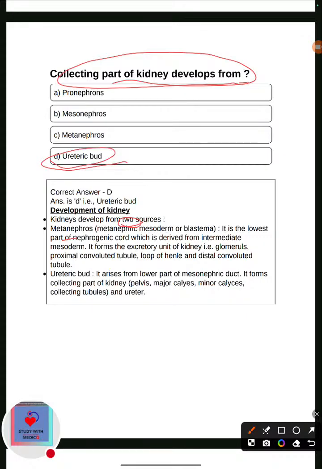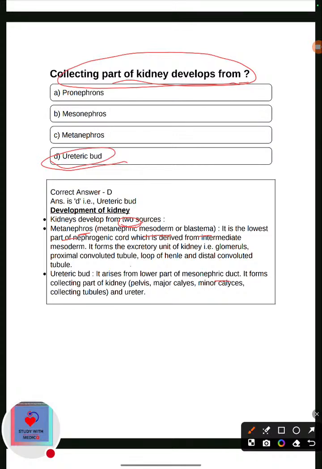Blastema is the lowest part of the nephrogenic cord, which is derived from intermediate mesoderm. It forms the excretory unit of the kidney: glomerulus, proximal convoluted tubule, loop of Henle, distal convoluted tubule. The ureteric bud arises from the lower part of the mesonephric duct.